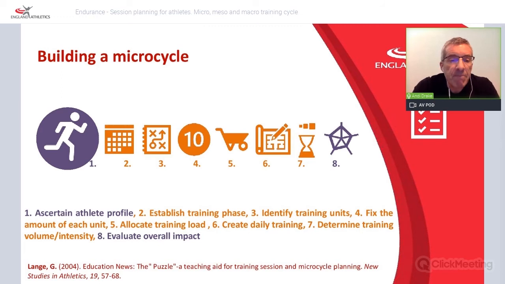We've got that down, and then we work out what is the individual volume and the intensity of the different training sessions each day, and then some method to actually work out what the impact of that might be. We'll have a look at some methods shortly to work out how training might impact on the athlete from some of the simple measurements that we might be able to make.